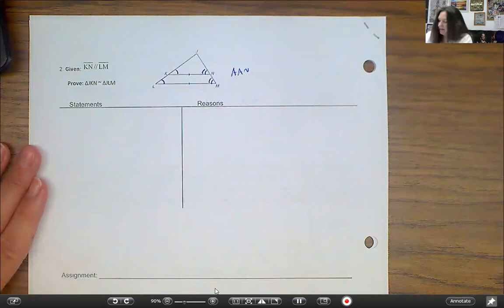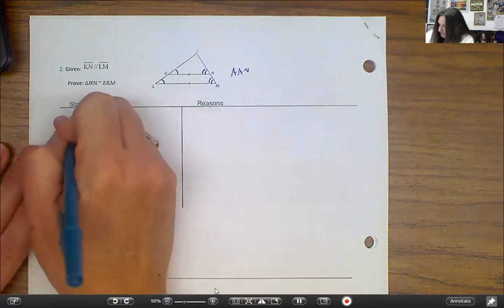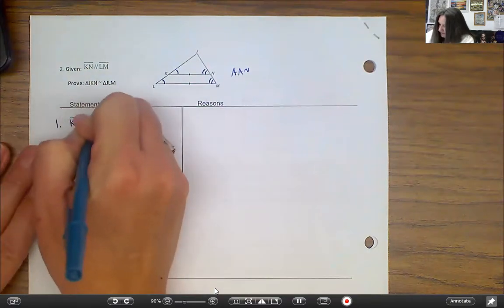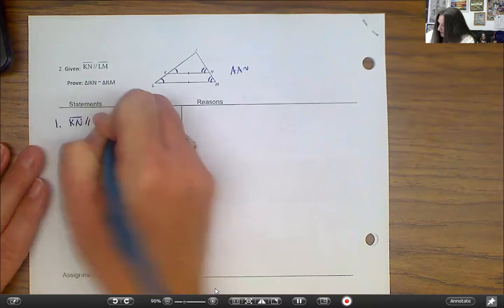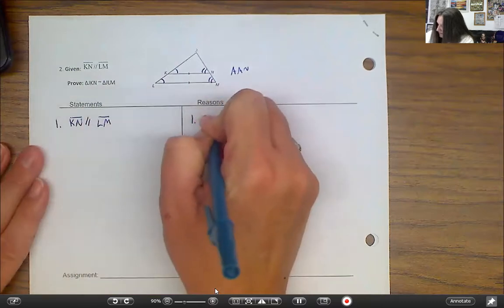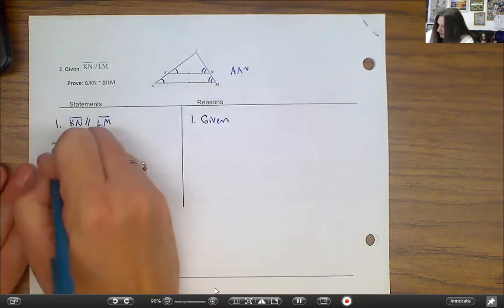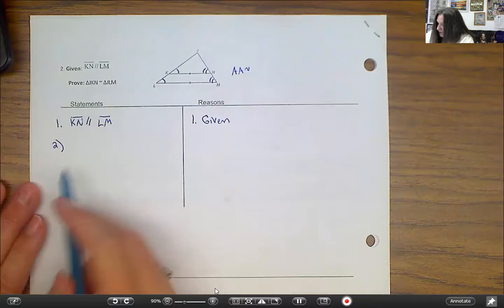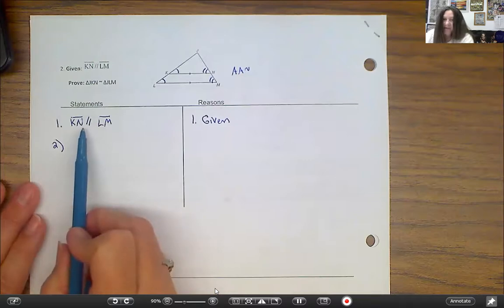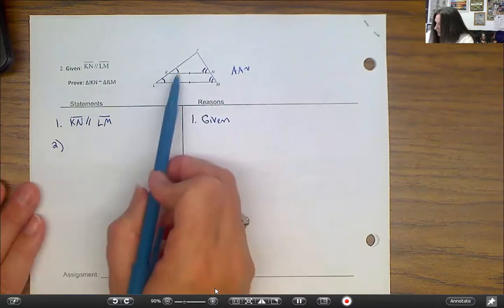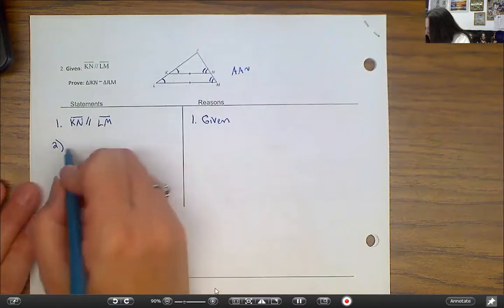So if I was going to write out this proof, I would start with the given. So KN parallel to LM. That was given. And then secondly, because these lines are parallel, I can make corresponding angles congruent.